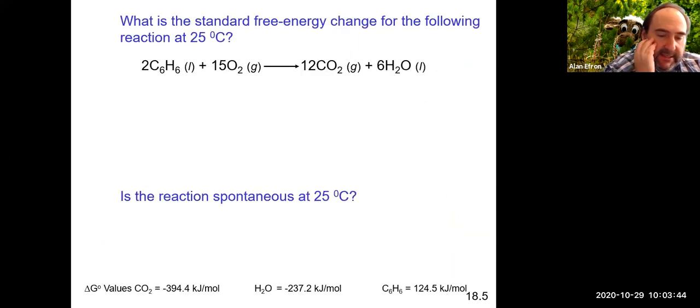So why don't you take a second here, the delta G values from the table are on the bottom. Why don't you calculate the delta G naught for this reaction and figure out, is it spontaneous?